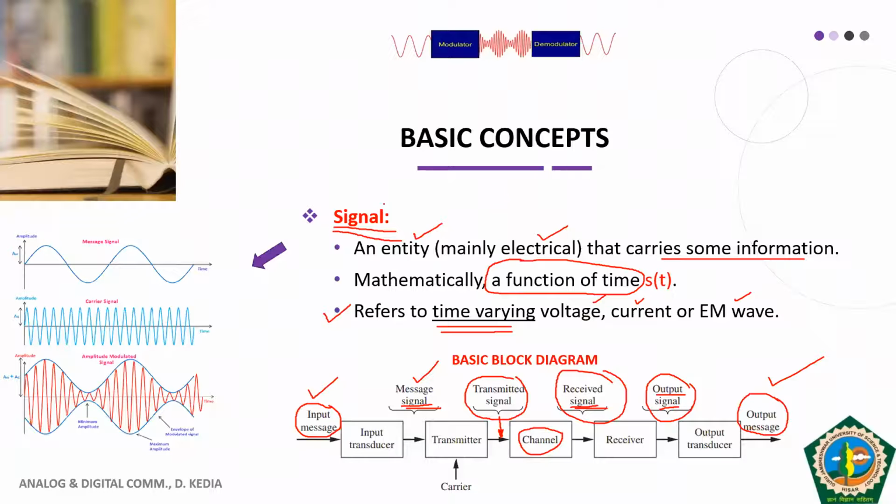Signal is the first such mathematical quantity. Whatever electrical signal we are talking about, we will represent it as a function of time, say s(t). s(t) is nothing but a function of time, so mathematically we will call it a signal. Wherever we talk about a signal, we will represent that entity mathematically also. This you have to keep in mind.